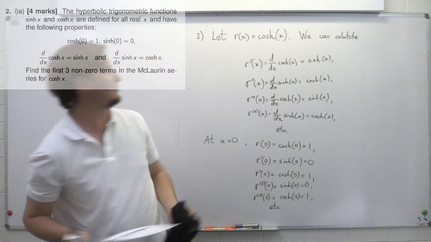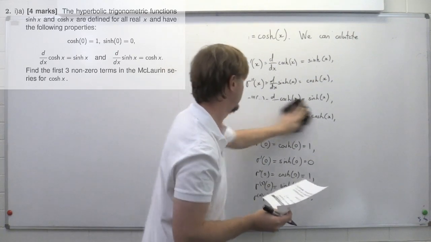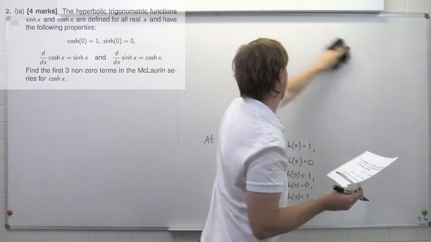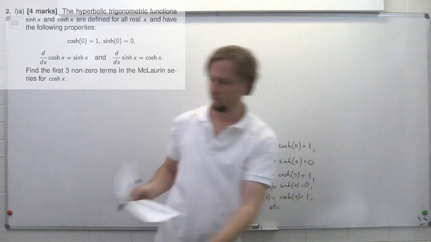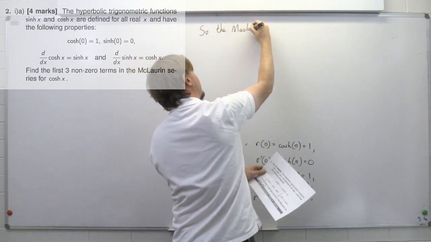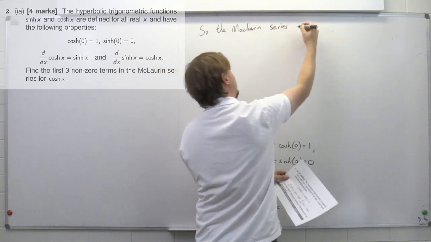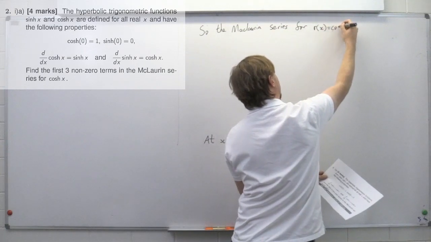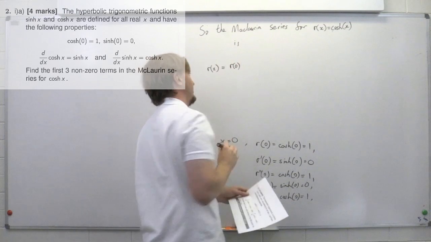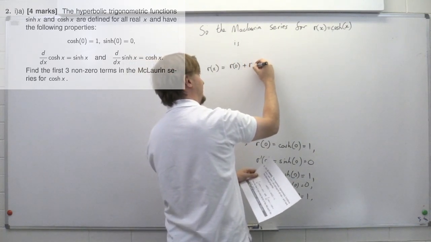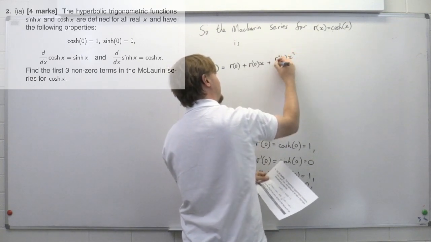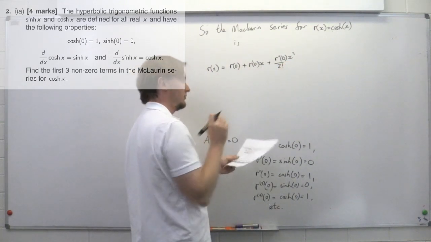Alright, so I need a little bit of space. So the Maclaurin series for r of x, which is the same as the hyperbolic cos of x, is given by: you start with the initial value at 0, you then have a linear term based on the first derivative, a quadratic term which comes from the second derivative and has this little factor of 2 factorial.